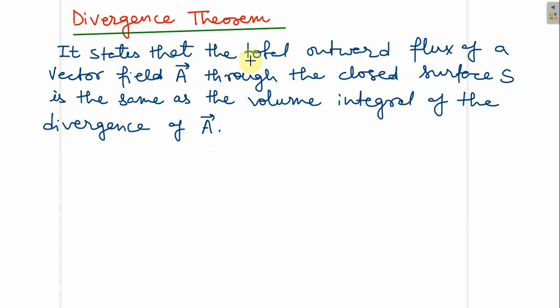So the first part is the total outward flux of a vector field A through the closed surface.